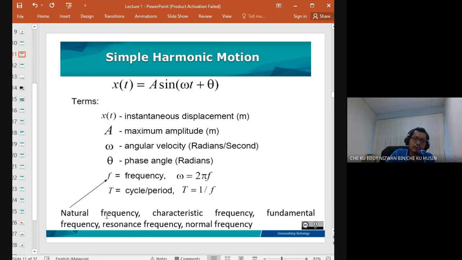It can be natural frequency if it oscillates by free vibration. Characteristic frequency is the same as natural frequency, fundamental frequency, resonant frequency, normal frequency. It is the same frequency using different terms. But it can also be the excitation frequency. For example, if you have a motor, then the motor speed can be the frequency. So it depends on the type of forced vibration.